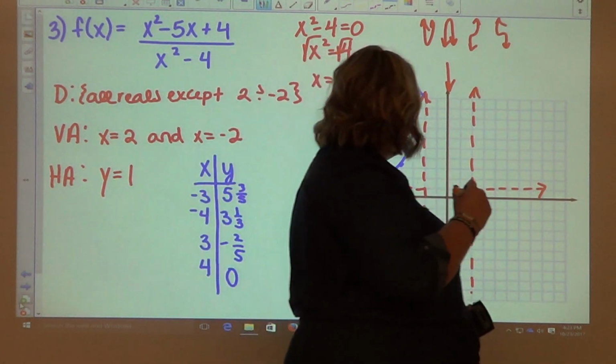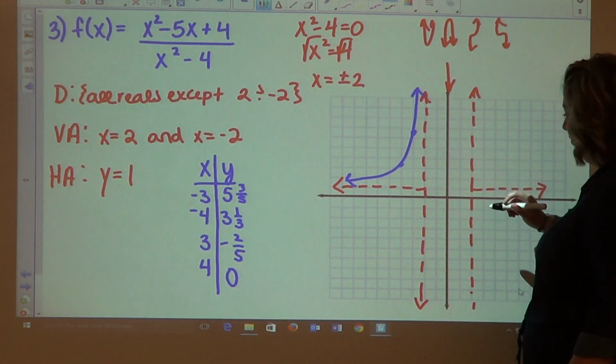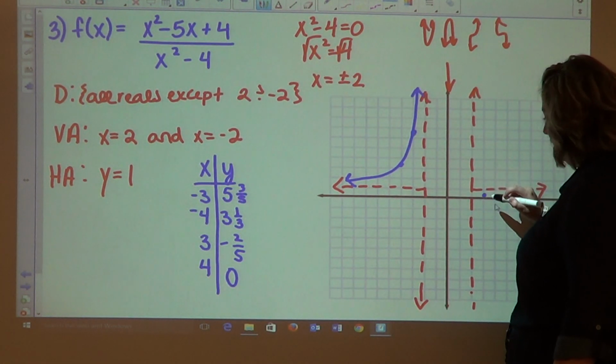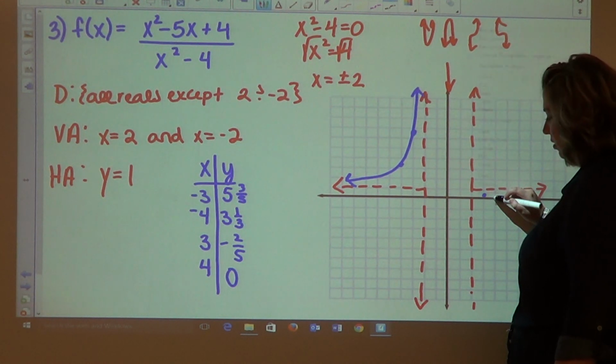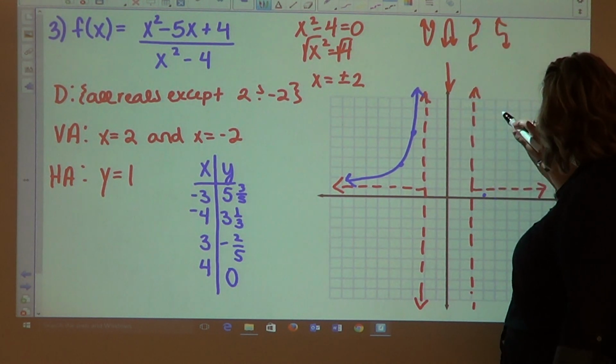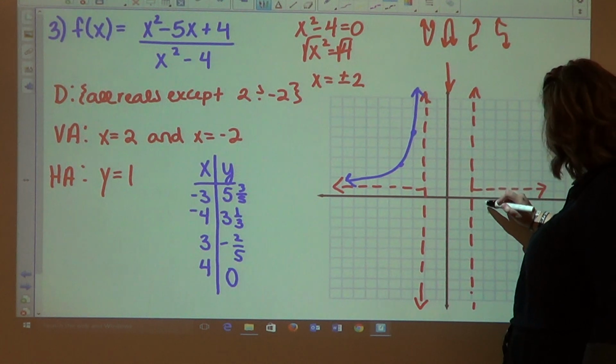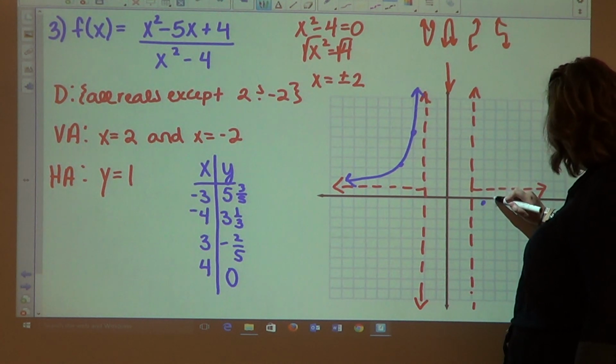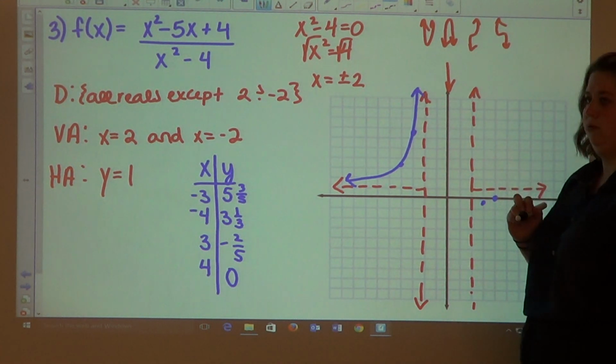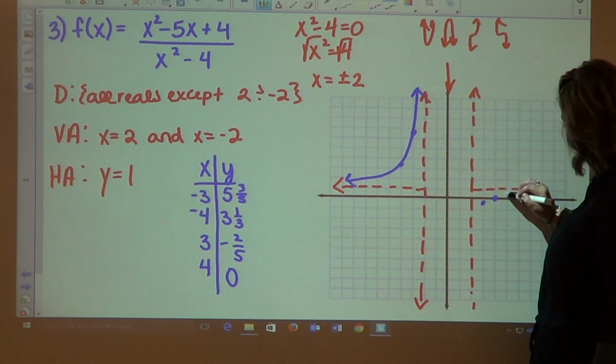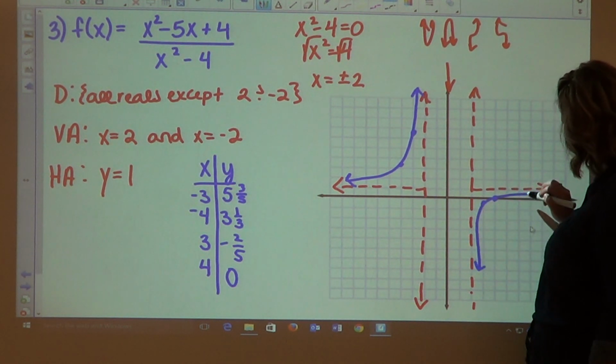Oops, I didn't put that point right. So negative 3, negative 2/5 right here, and then 4, 0. So then these curve like that.